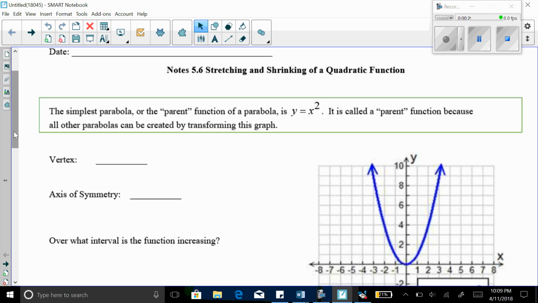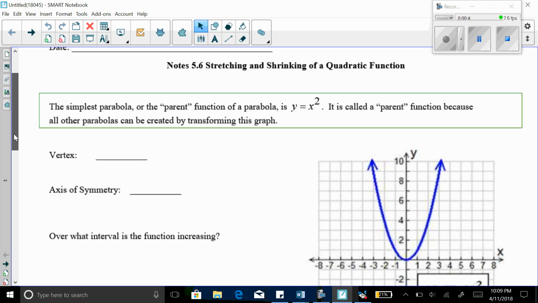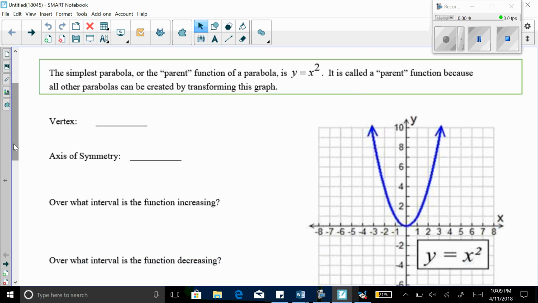So let's start and talk about a parent function. The simplest parabola, or the parent function of a parabola, is y equals x squared. It's called your parent function because all other parabolas can be created by transforming this graph. Think about your parents. You and your siblings are kind of like replicas of your parents.